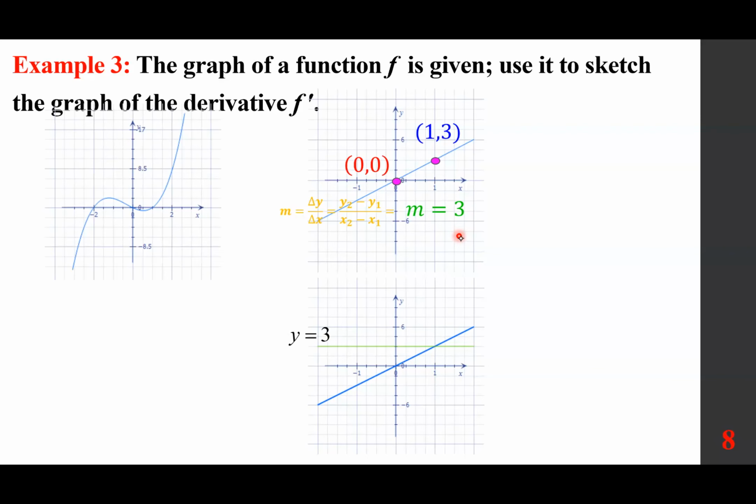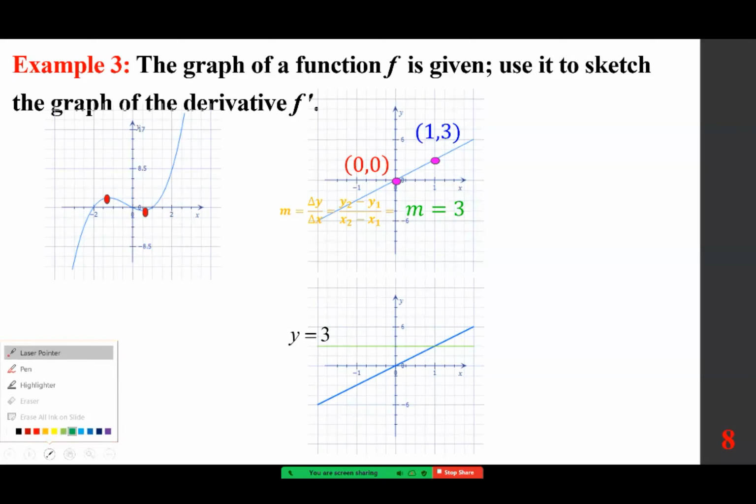For this one, we start with the easy pairs. This point and this point clearly have horizontal tangent lines because that's the local max, that's the local min. And just to give you an idea, so this corresponds to 0, this corresponds to 0 on the graph of f prime.